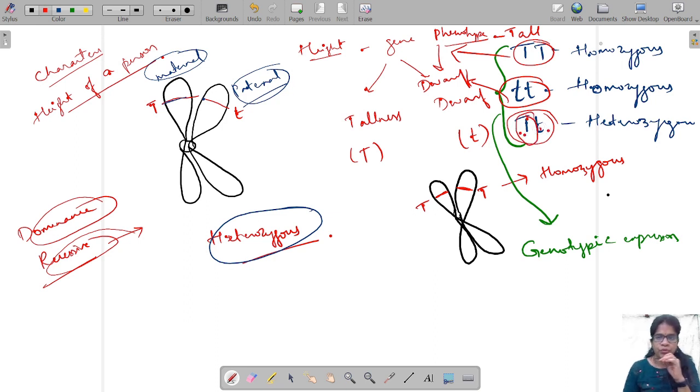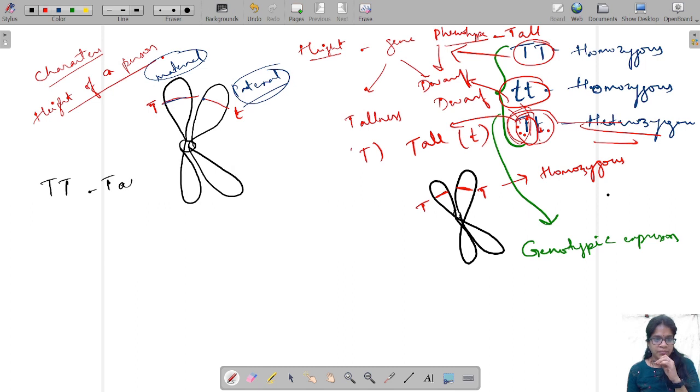That is what I want to talk to you about. Both have one copy of the tall gene and one copy of the dwarf gene, but only one is getting expressed phenotypically. So these people are tall, though they are heterozygous. Phenotype is the physical appearance, and genotype is the genetic expression or genetic makeup of an individual.